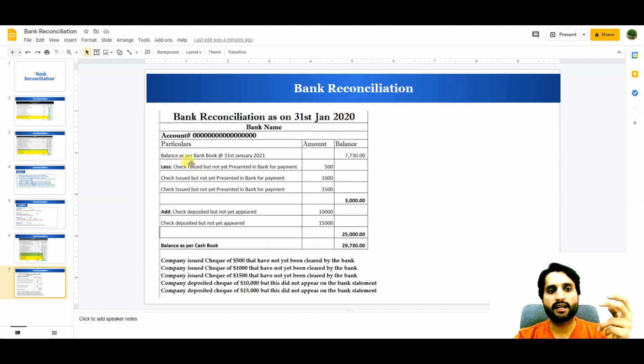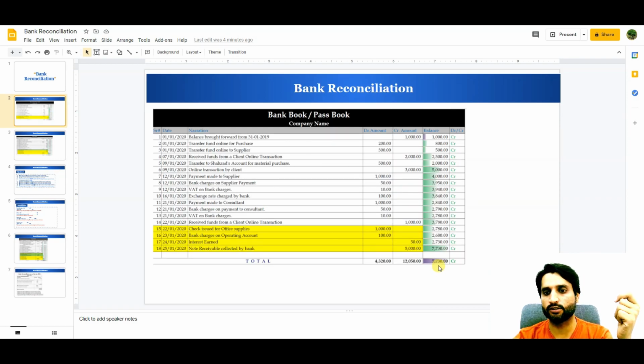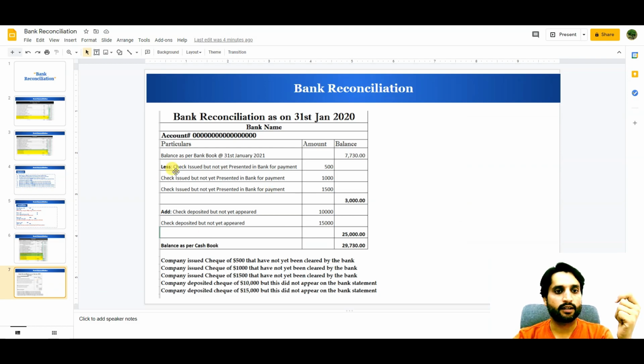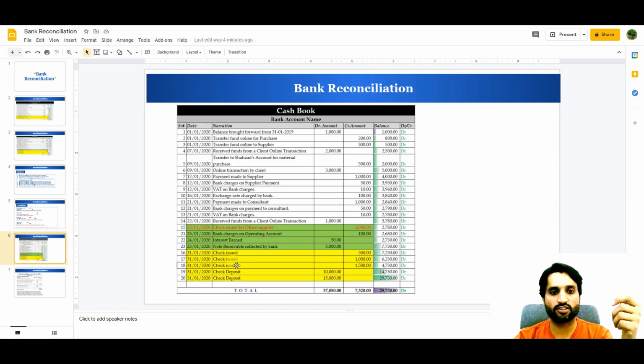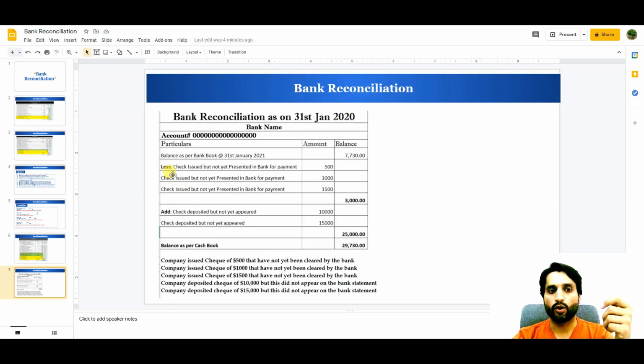This is the bank balance as per the bank book on 31st January, 7730. As you can see here in our bank book, 7730, and then less the missing entries in our bank account. The missing entries in our bank account are 3 checks issued and 2 checks deposited. So here we will less the payments, because in the coming period these payments have to be deducted from our bank account.